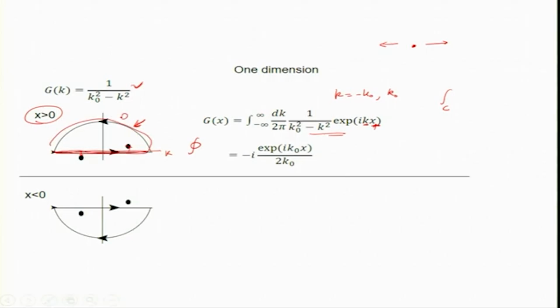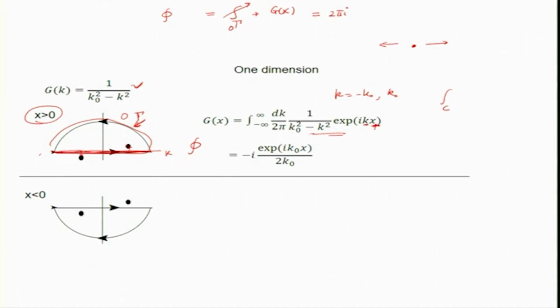So, let me just sketch it. Normally people use this gamma, integral over gamma plus g of x, right. This is g of x and the integral over it is 0. This must be equal, by the Cauchy theorem, to 2 pi i times the value of the function at the pole.